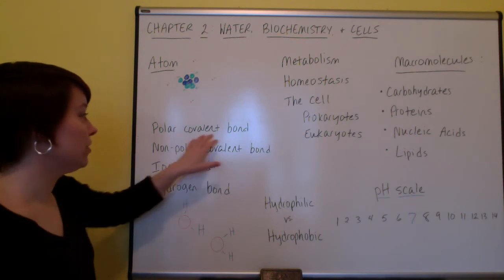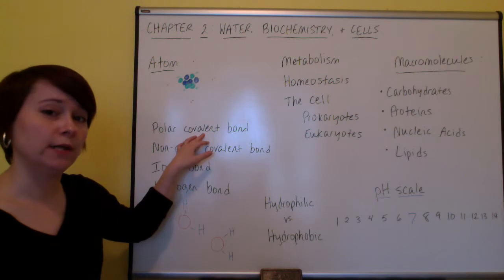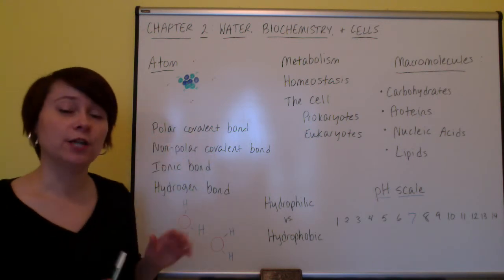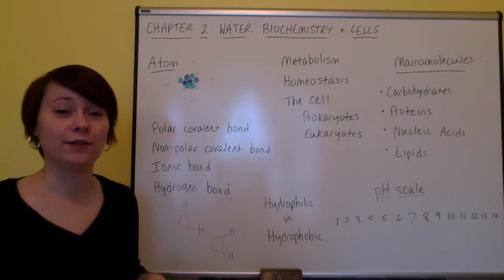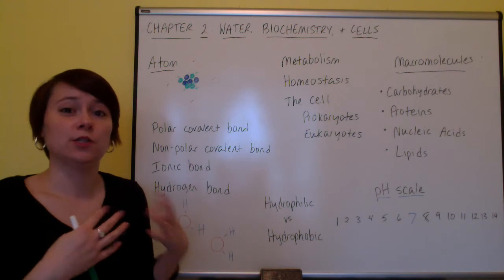In a polar covalent bond, covalent means sharing, so two atoms are sharing electrons. But if it's a polar covalent bond, they are sharing them unequally. One atom is greedier than the other atom, and it tends to hold on to those electrons a little bit longer.